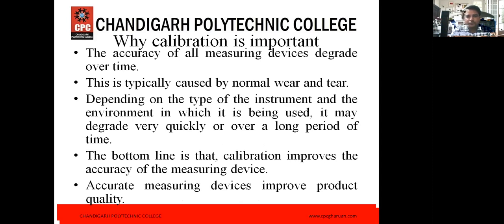The accuracy of all measuring devices degrades over time as we use our instrument, and by passing time, its quality of giving its output will degrade. This is typically caused by normal wear and tear. Depending upon the type of instrument and the environment in which it is being used, it may degrade very quickly. The bottom line is that calibration improves the accuracy of the measuring device.